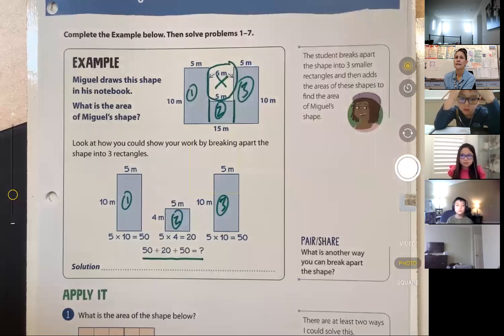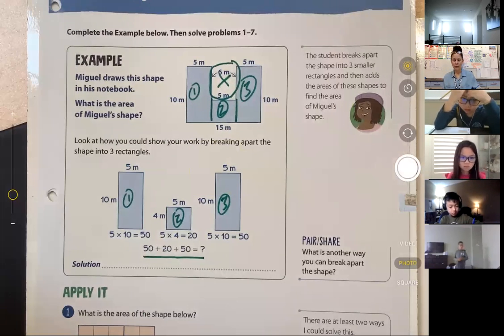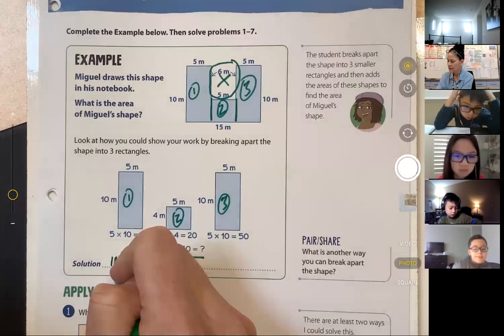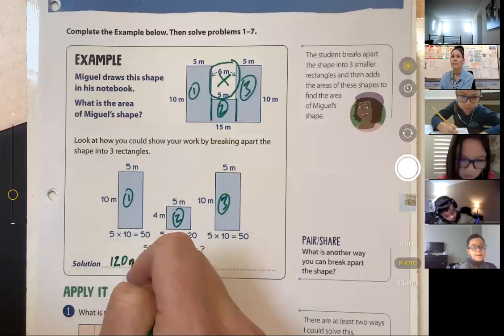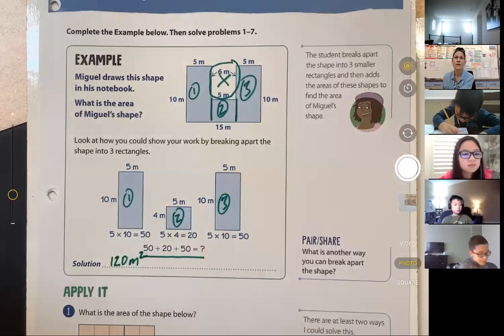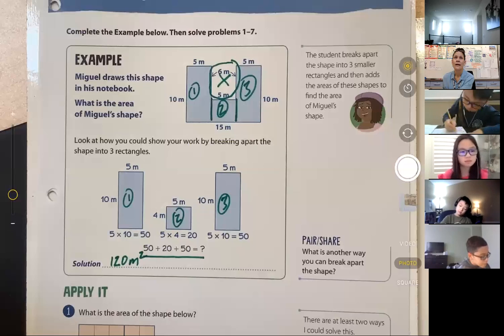And of course, we are going to end up with 120 square meters. Now, friends, let us go back for a moment to our formula, area equals length times the width.